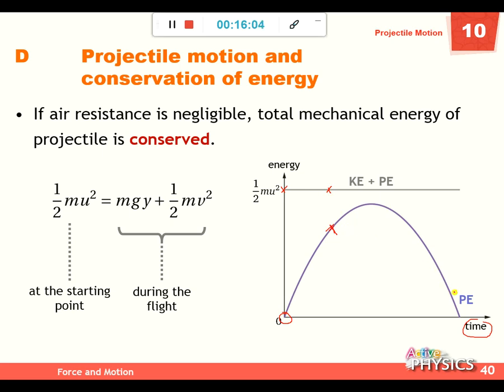How about this purple curve? It should be PE. For times higher than the initial point, PE should be larger, which means this part should be kinetic energy. Up to this part, also kinetic energy.